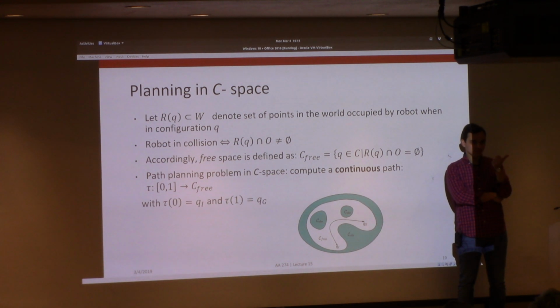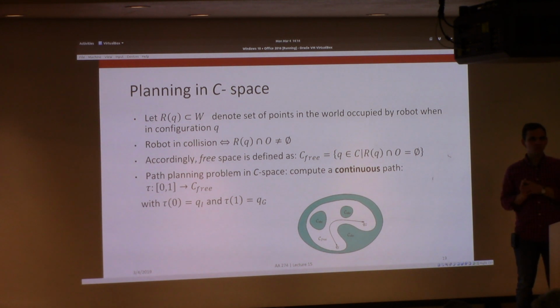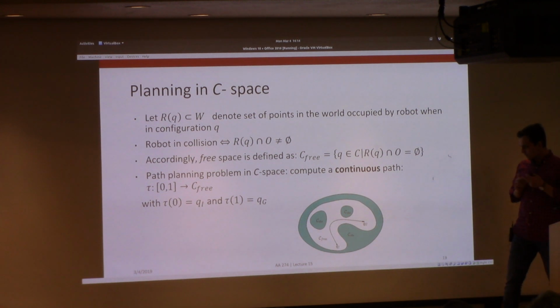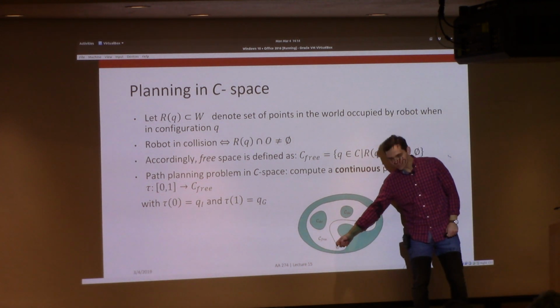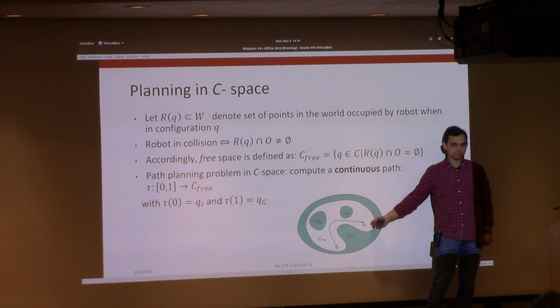It is continuous first of all, right? Because the robot can't jump around, can't teleport from one configuration to another. What else do we know about this curve? Where does it live? Entirely in the free space. Okay?